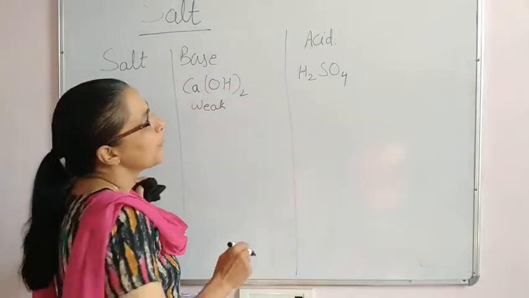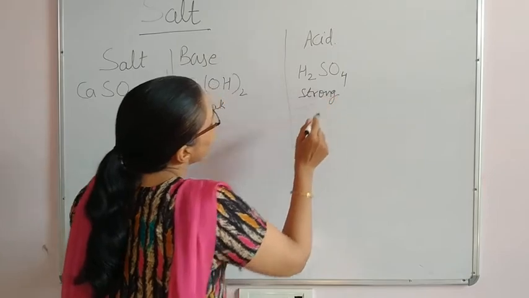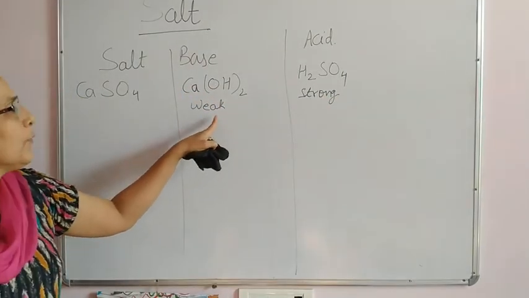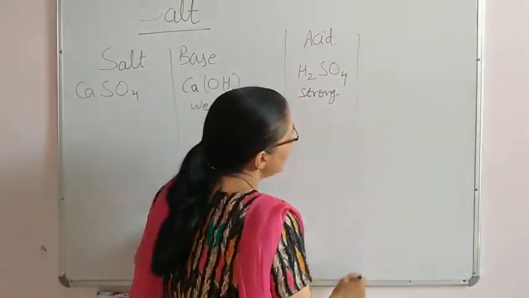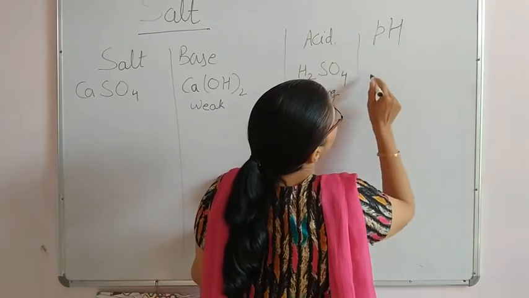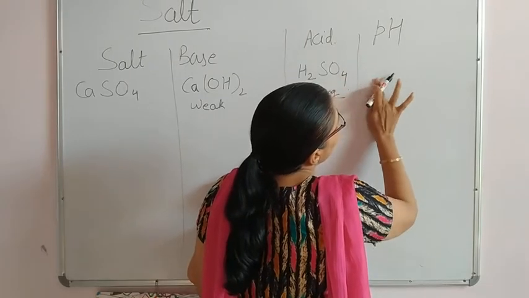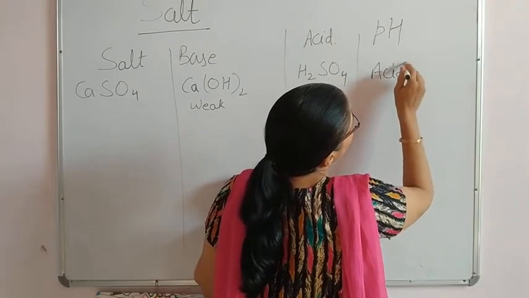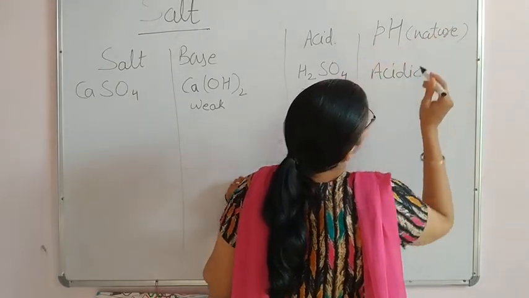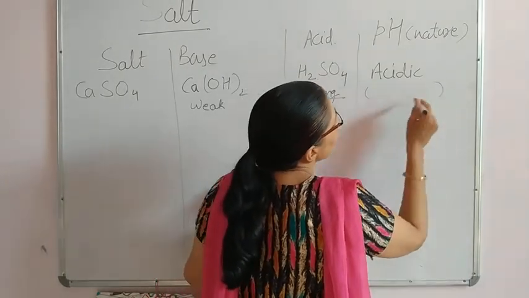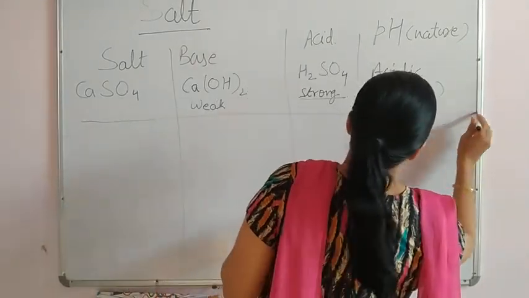Now, what type of acid is it? It is strong. It means the salt is formed by a weak base and strong acid. Then, if you determine its pH or its nature, as the strong part is acidic, it will come in the category of acidic. The nature of the salt solution will be acidic and pH will be less than 7.